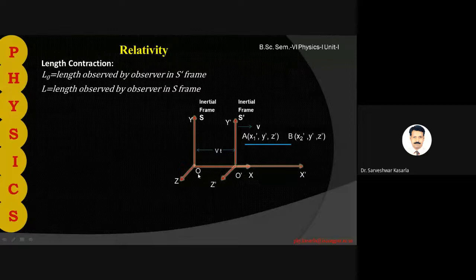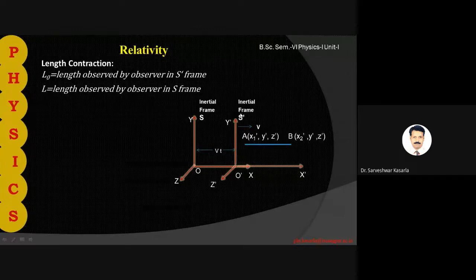Now we will find the length of the rod with respect to the observer O. For that, we make use of Lorentz transformation equations. Here L0 is the length observed by the observer in the S dash frame. This is the original length, that is x2 dash minus x1 dash is equal to L0, measured by O dash.